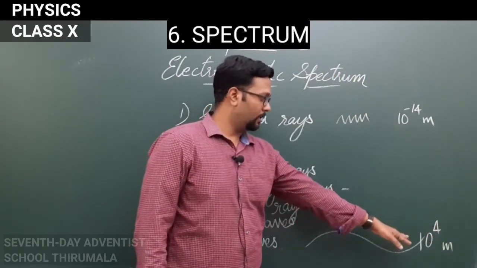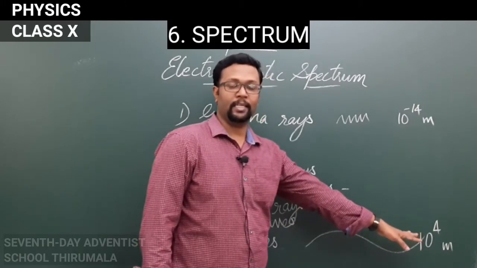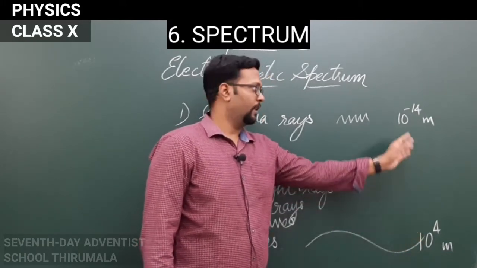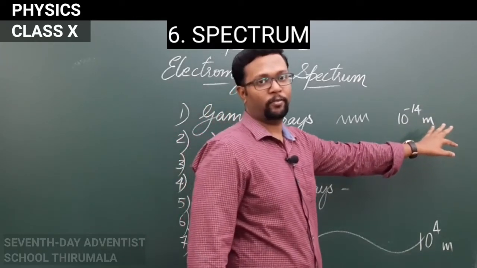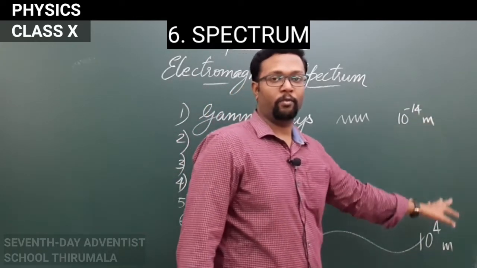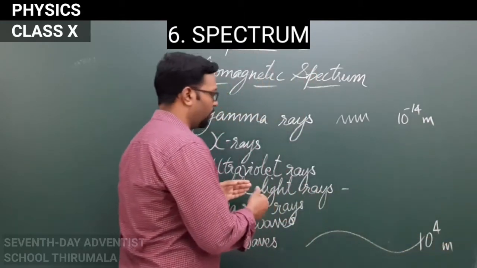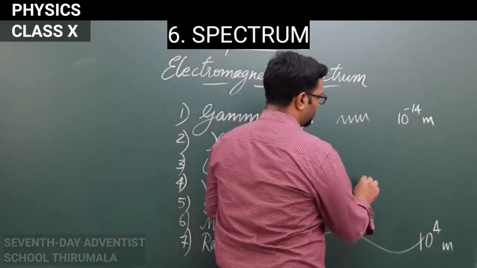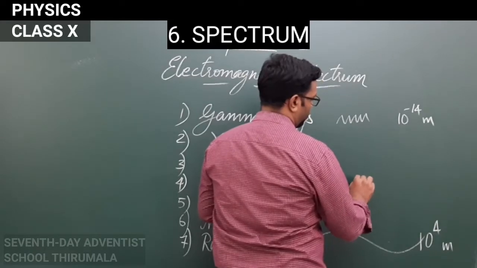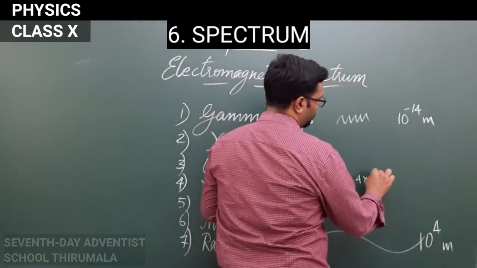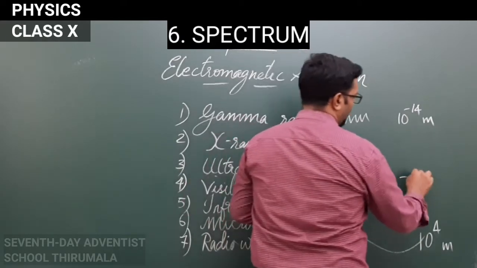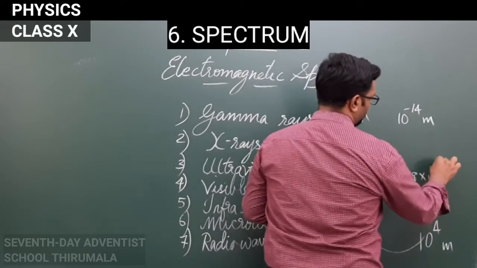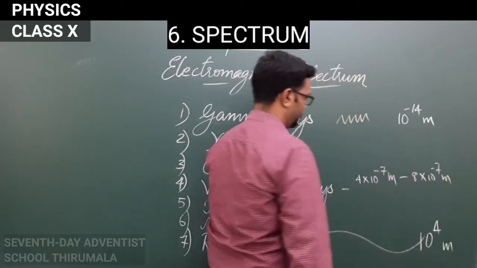One is nearly 10,000 meters, that is 10 kilometers in size. The other one is in the range of 10 raised to minus 14 meters. So they have a vast difference. And in between falls the light ray, which falls between 4 into 10 raised to minus 7 meters to 8 into 10 raised to minus 7 meters, that is visible.